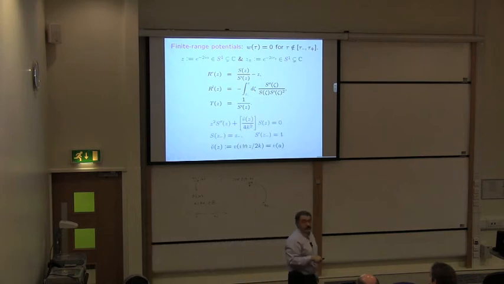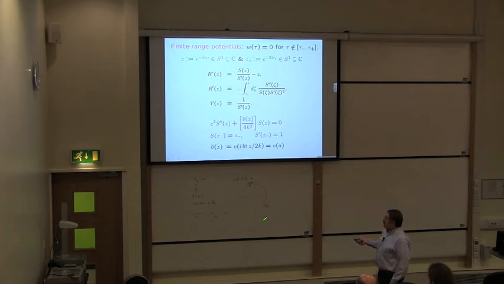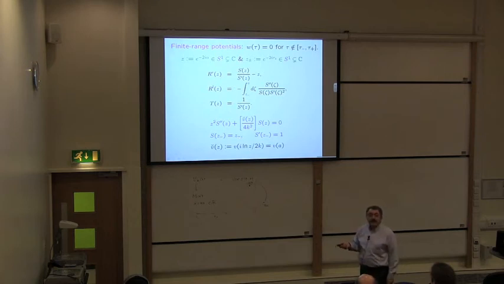It's a linear second order differential equation. This v wedge is essentially the potential written in the new z variable, and this is an initial value problem. Z minus is the initial point, corresponding to the point to the left, and z plus is the end point. So you have boundary conditions at z minus, so it's an initial value problem, a second order differential equation solved on the unit circle.